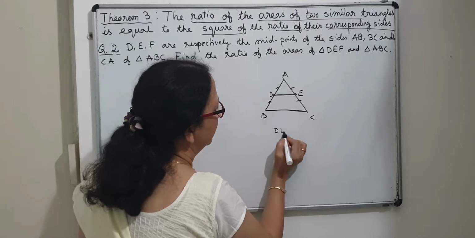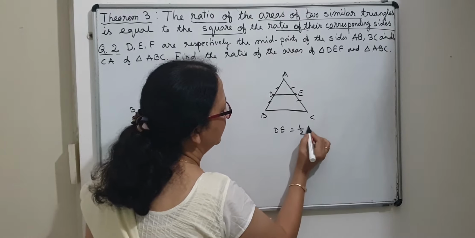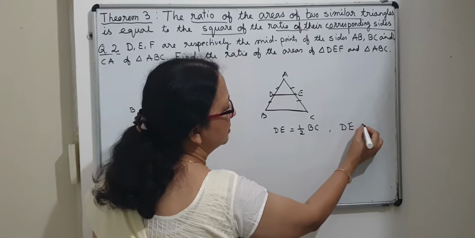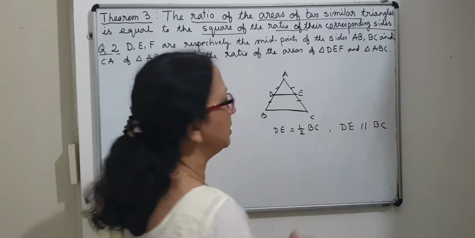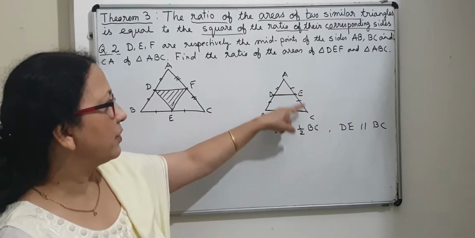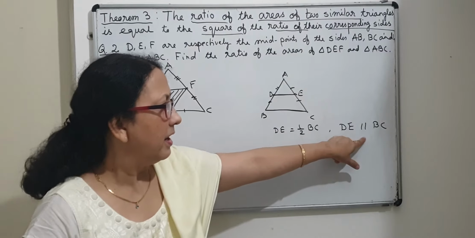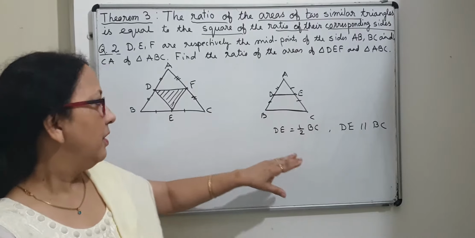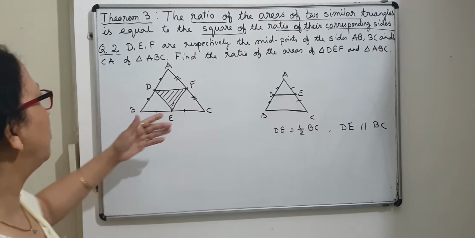That is, DE is half of BC, and this segment is also parallel to the third side. That was the midpoint theorem: the line segment joining the midpoints of two sides of a triangle is parallel to the third side, and also half the third side. So we will be using this theorem here since midpoints are given.